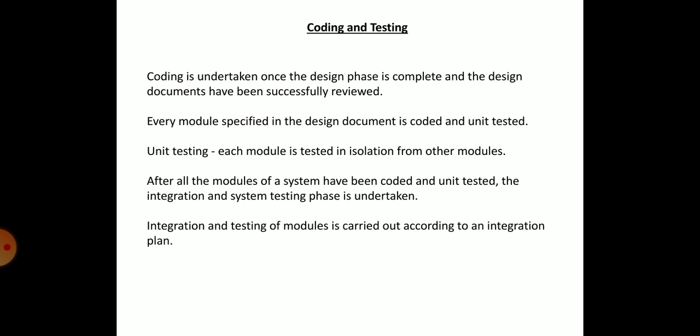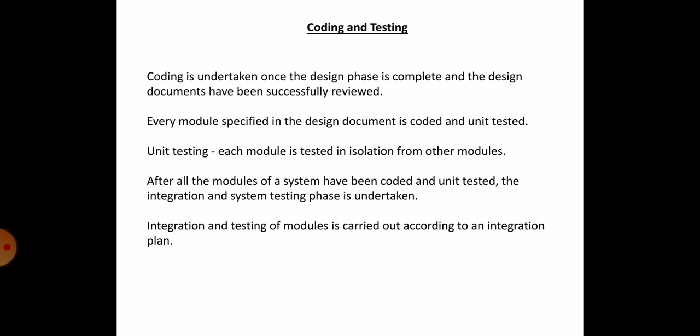The design document and the structure chart or the module specification document contain all the individual modules. All the functionalities of a software will be specified as individual modules. We have learned all the terms earlier.